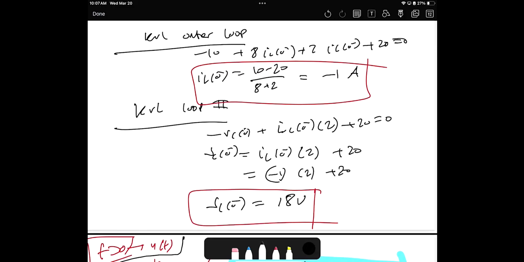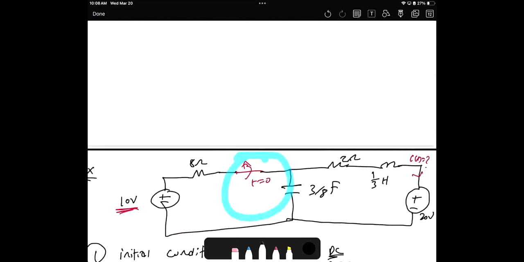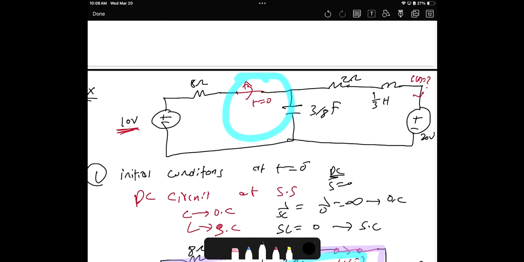Step number 2, let's do the conversion from time domain to S domain. How to do this conversion? Let's look at the original circuit. At t larger than 0, the switch will be at the new position, the new switch status, which is open.